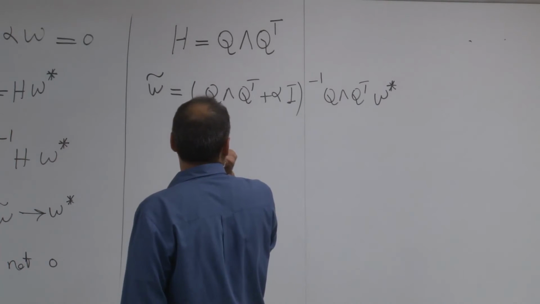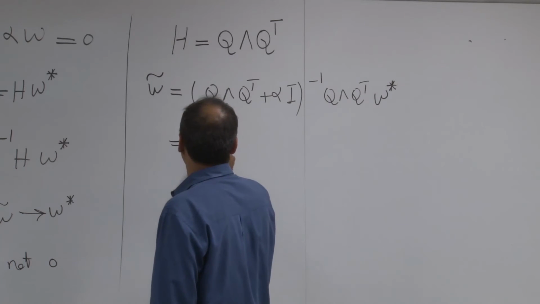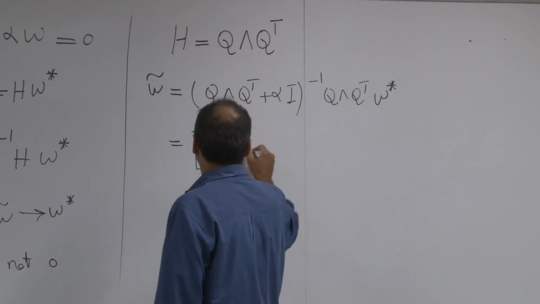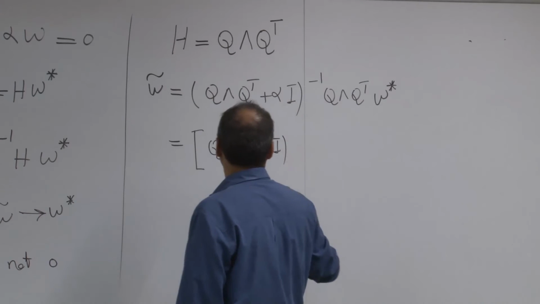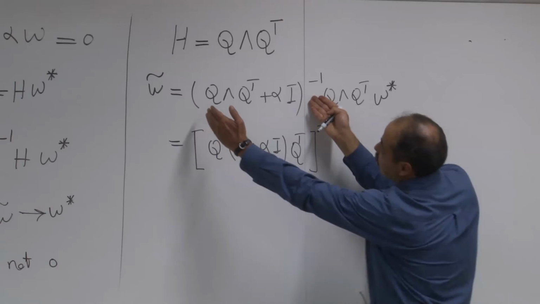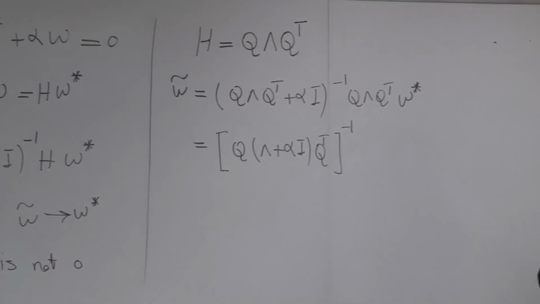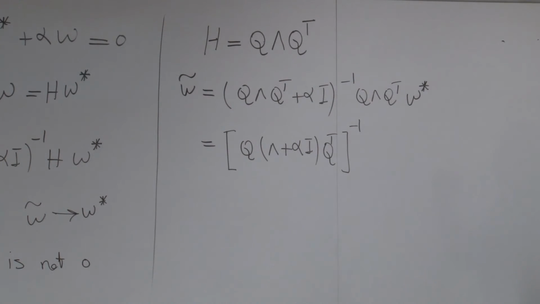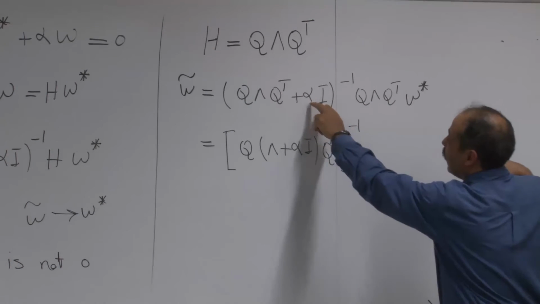I can write it as Q lambda plus alpha I Q transpose, inverse. I can do that because Q is orthonormal, so Q transpose Q is identity, as long as Q is not truncated. Q transpose is also identity. Okay? So I have here alpha I.